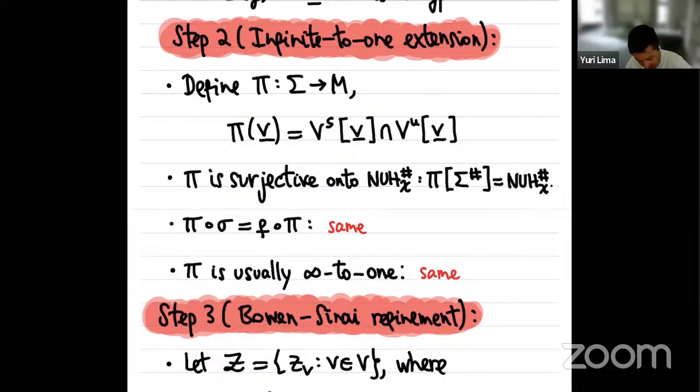For example, if you take all intervals on R with rational endpoints, this is a countable family of intervals, but its refinement is not countable. Its refinement is such that every atom is a point, which is uncountable. So we need something else about this Z in order to refine and still get something countable.